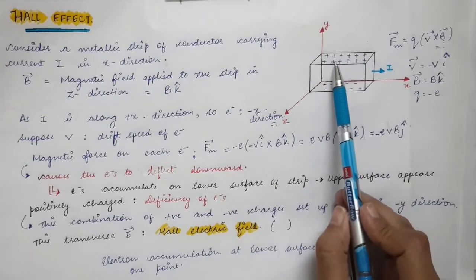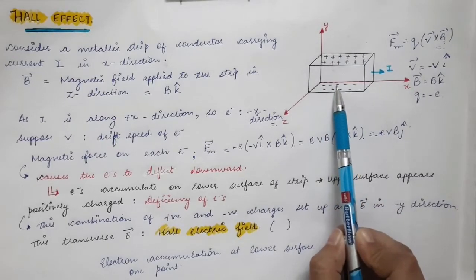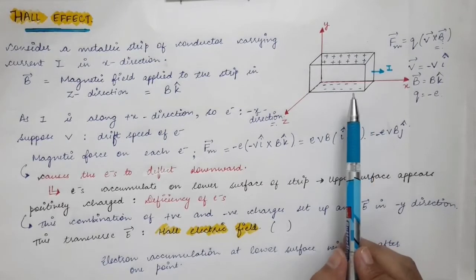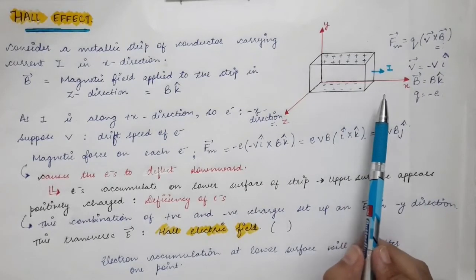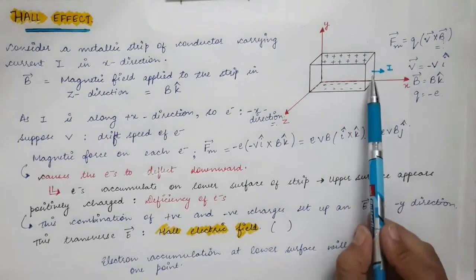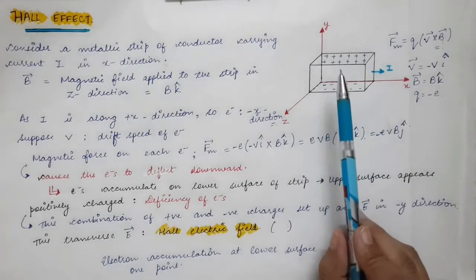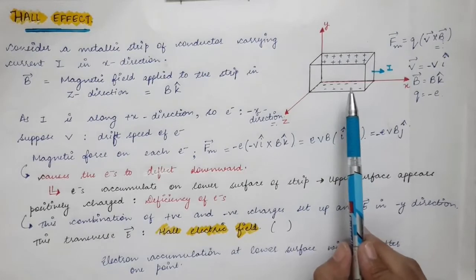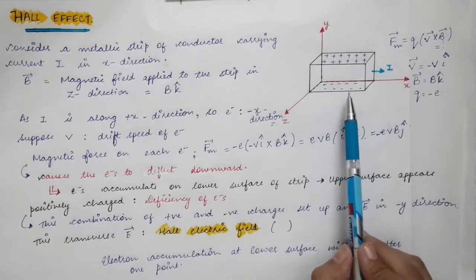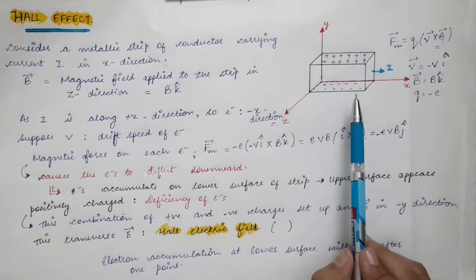So the direction of the electric field will be in the downward direction. So after some time, as I have said, the electric field reaches its maximum value. So when you just apply the magnetic field, the charges start getting accumulated on the respective surfaces. So electric field will increase with time, but after some point the electric field will reach its maximum value.